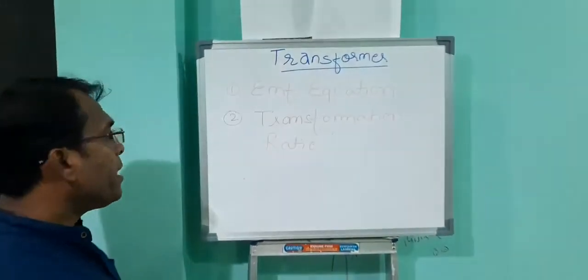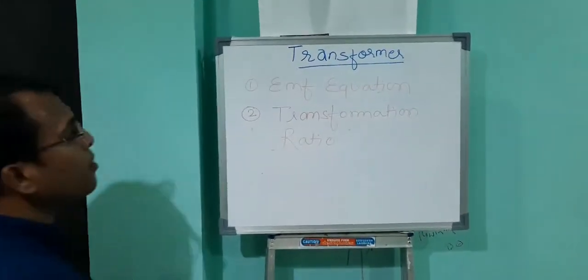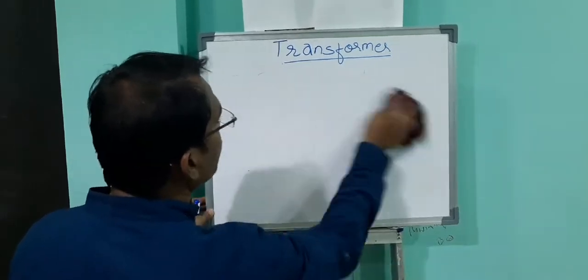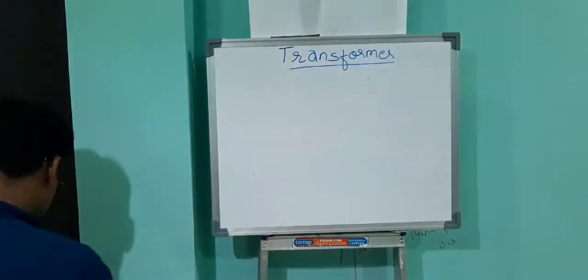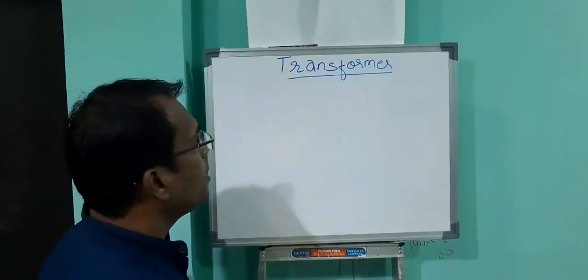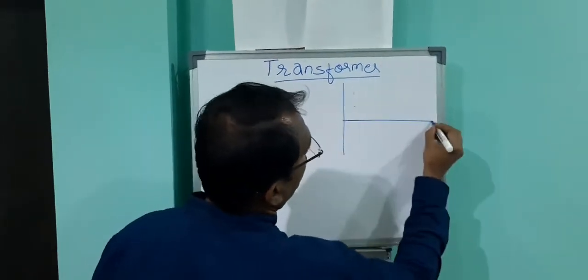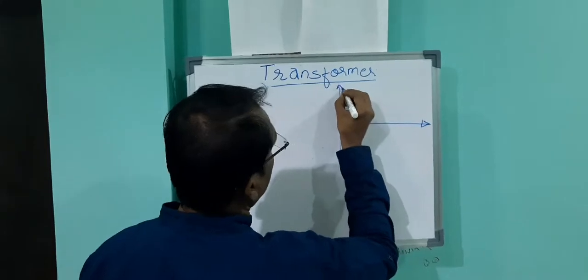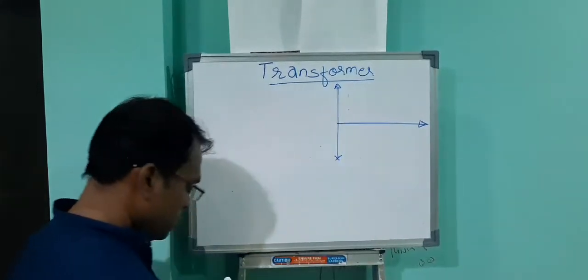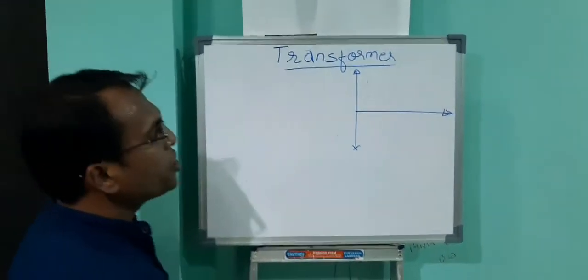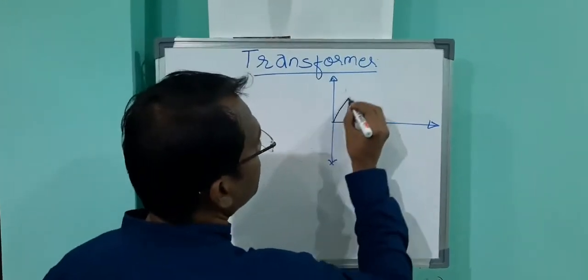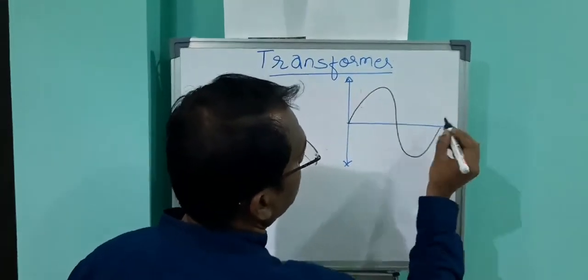So for that we have to consider one waveform. For the EMF equation of a transformer, we have to consider one waveform like this. This will be the waveform in which the flux is there.